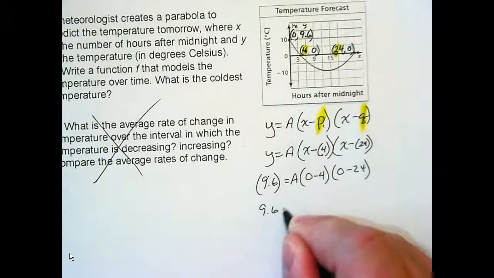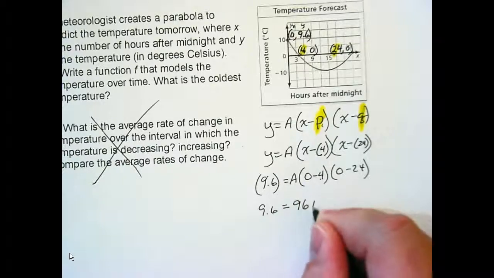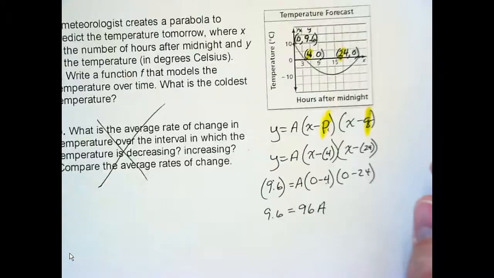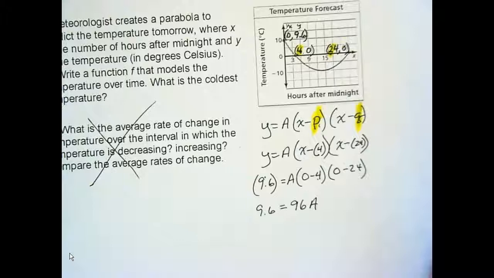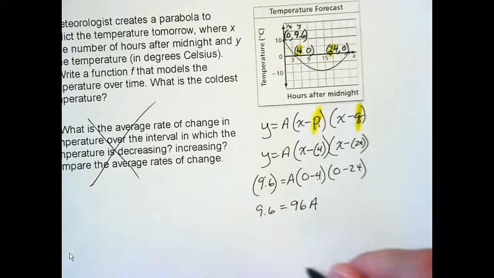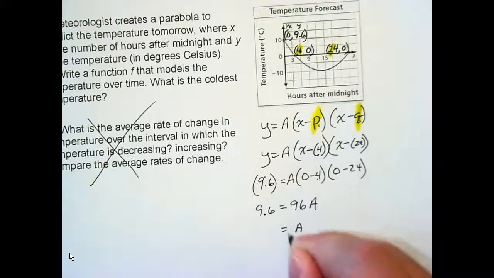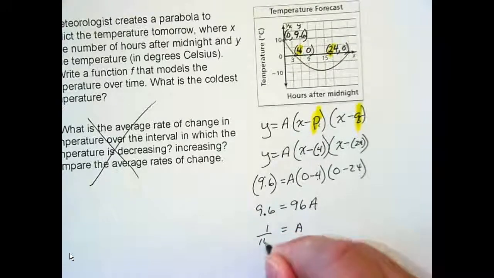It's 9.6 times, that's 96A. So we get 1A equals 1/10.